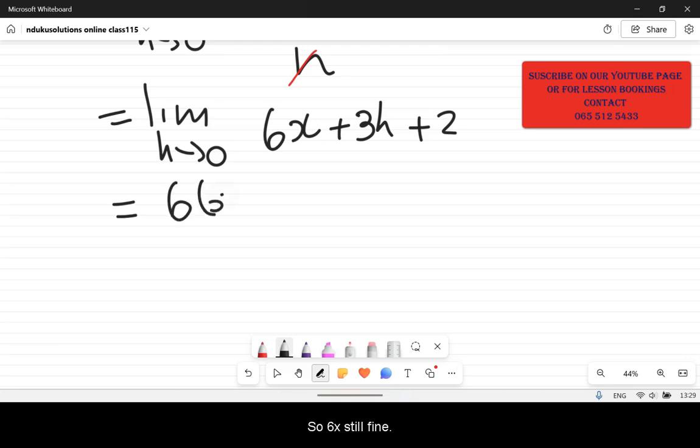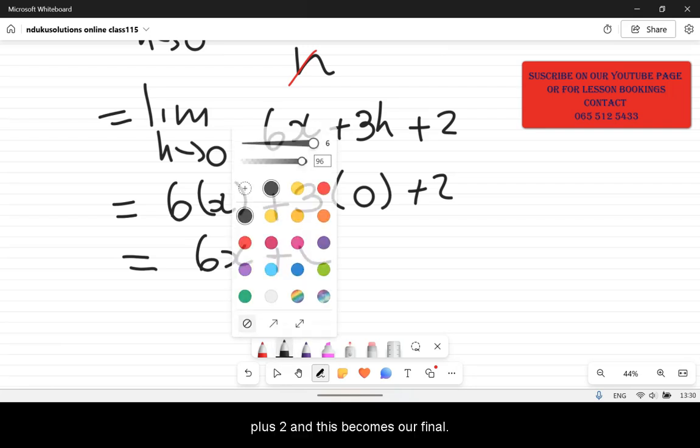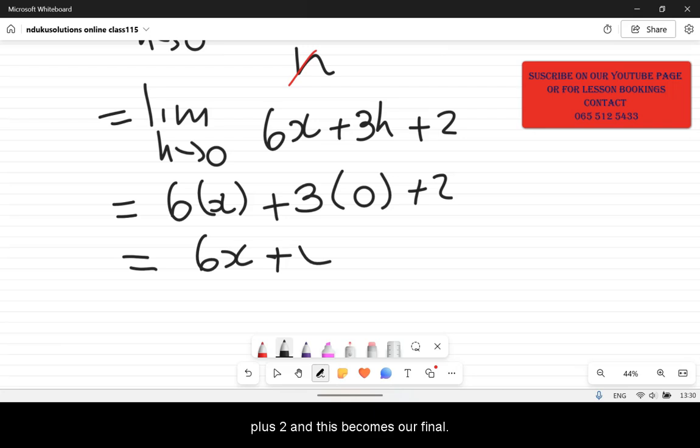So 6x, still fine, plus 3h, which has reached 0, so we put 0, then plus 2. Then our answer will be 6x plus 2. And this becomes our final answer.